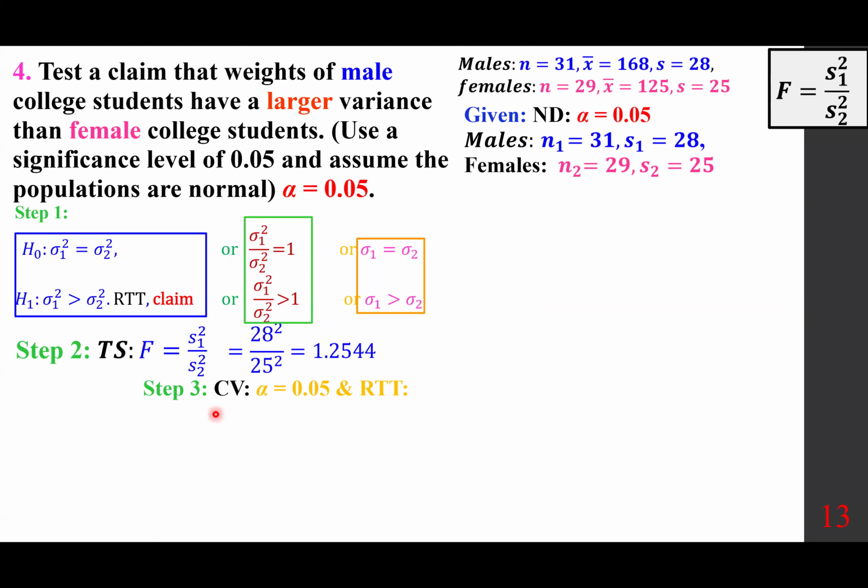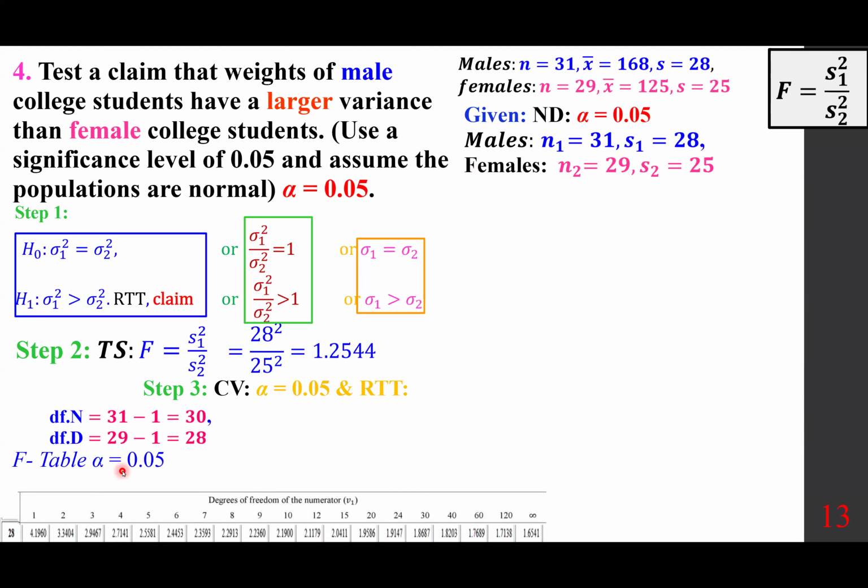Now, the third step is the critical value, which comes from the choice of alpha, which is 0.05. And we have 2 degrees of freedom. For the numerator, n1 minus 1 makes it 30. For the denominator, n2 minus 1 makes it 28. So now, using the table in the previous page, we have the F table, specifically alpha must be 0.05.